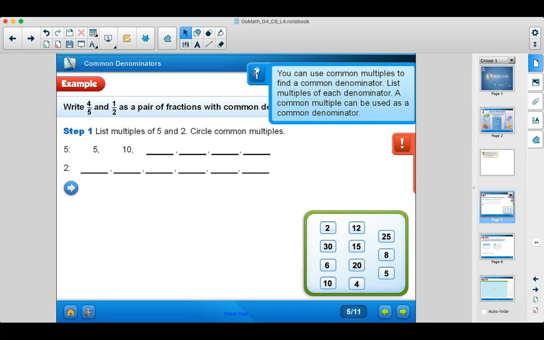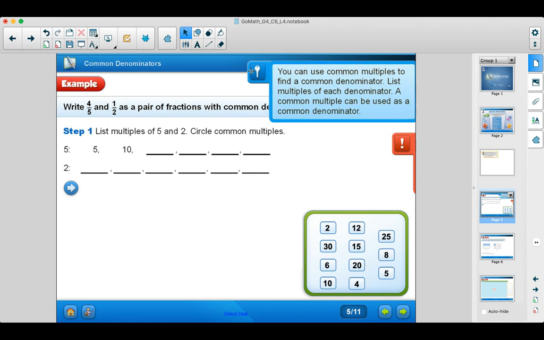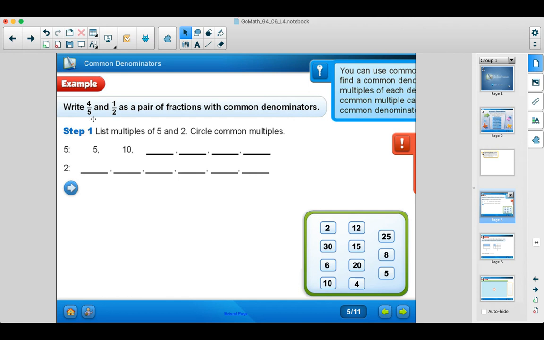So let's read this. You can use common multiples to find a common denominator. List multiples of each denominator. A common multiple can be used as a common denominator. Let's see how we're going to do that. So right now we're going to list the multiples of 5 and 2 and circle the common multiples.